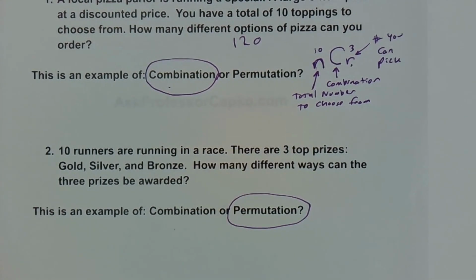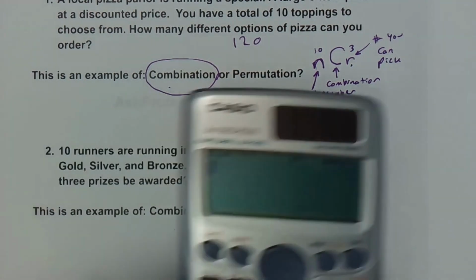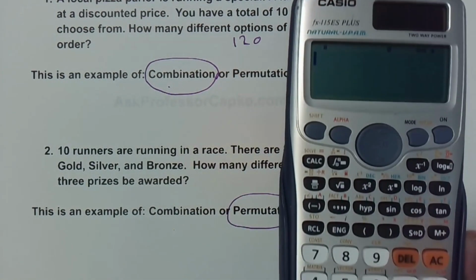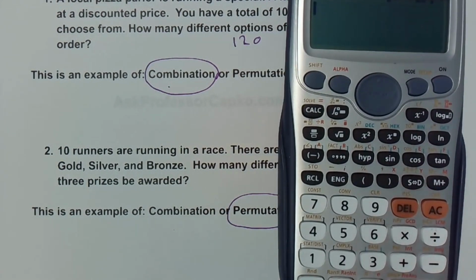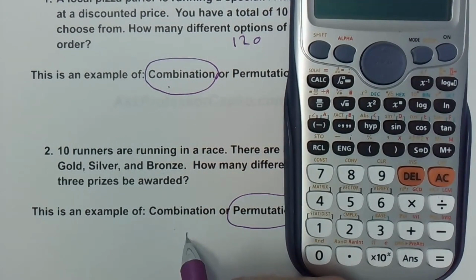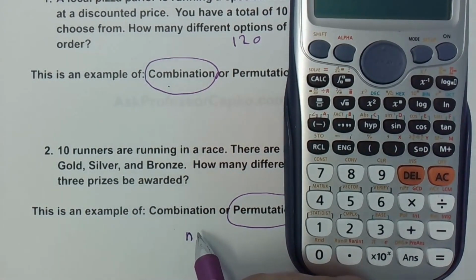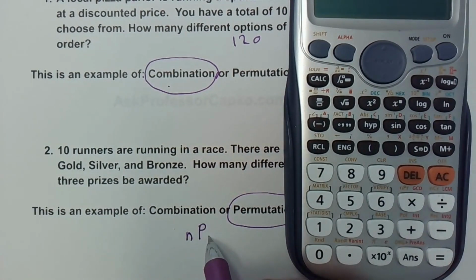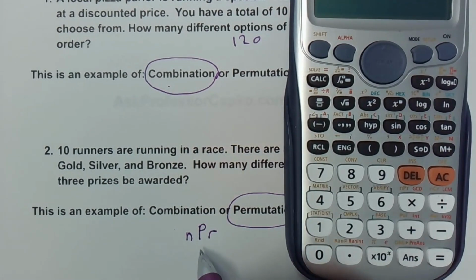Now we're going to calculate how many different ways the prizes can be awarded. Once again, I'm going to use the calculator because it makes it a lot easier. We are now looking for the button that's NPR, and the P tells you it's a permutation.